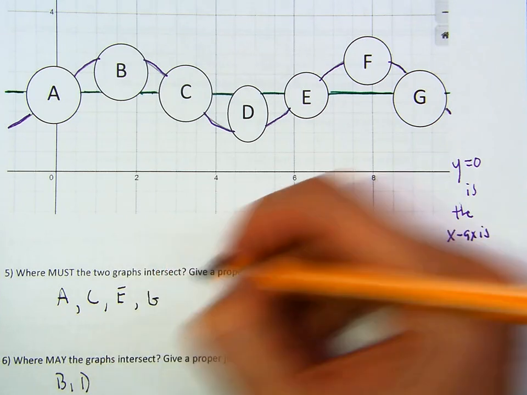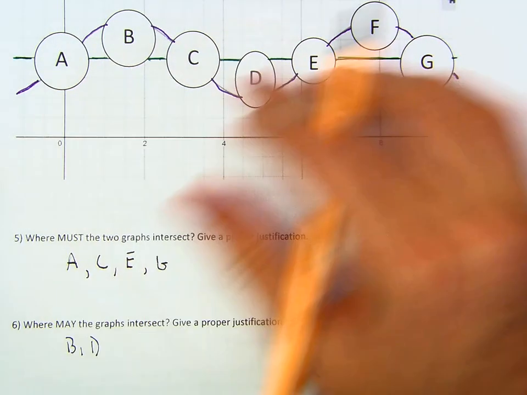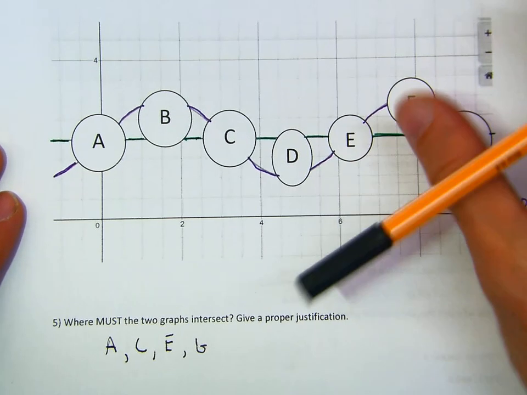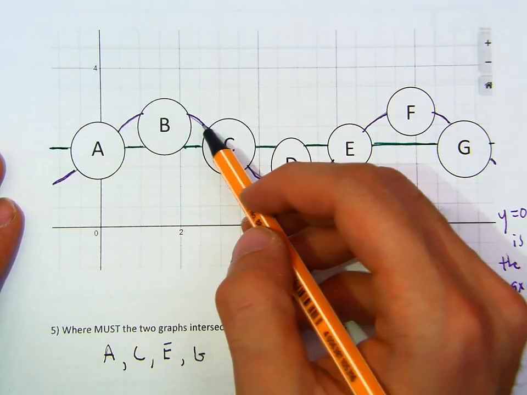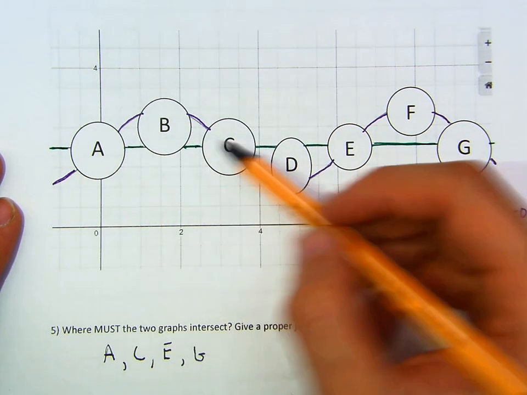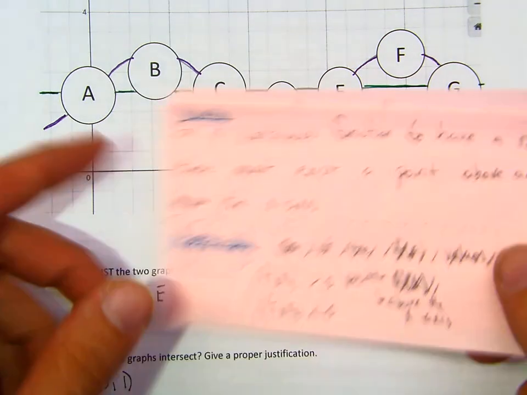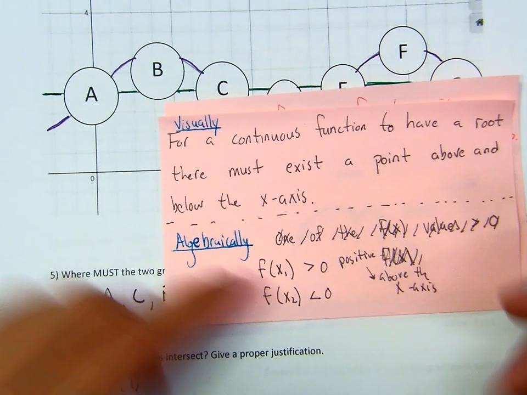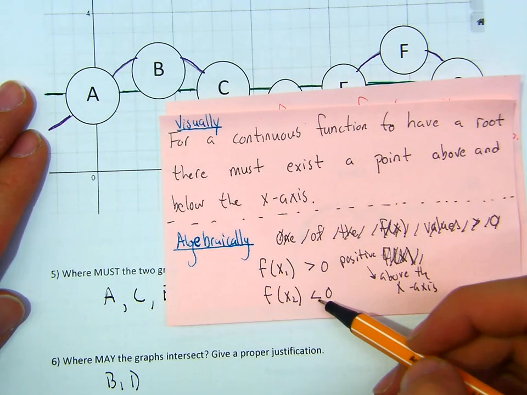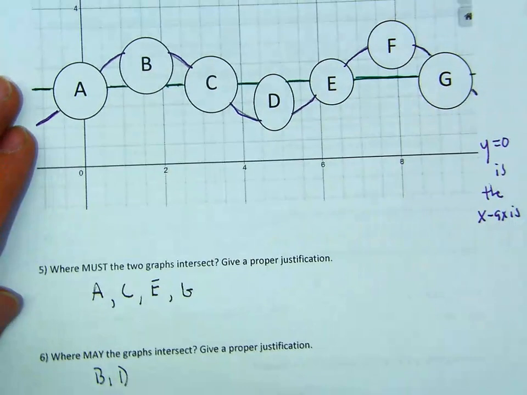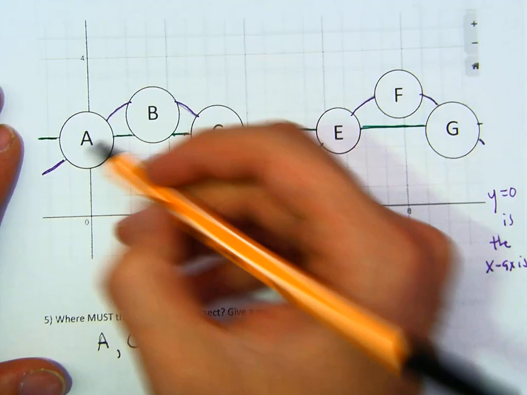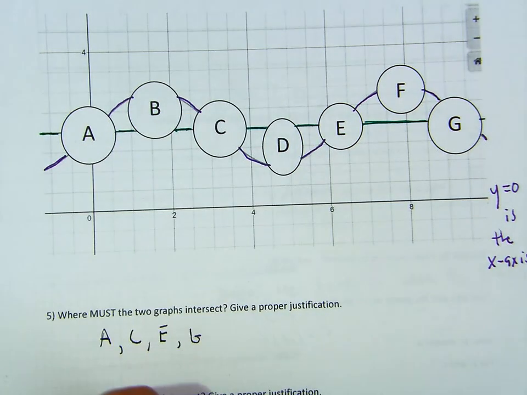Now, how can we algebraically say this function intersects with this function? What has to happen over here? Before, when we wanted a root, we talked about one value being greater than 0 and another value being less than 0. Now, for this graph, let's put these points in red.